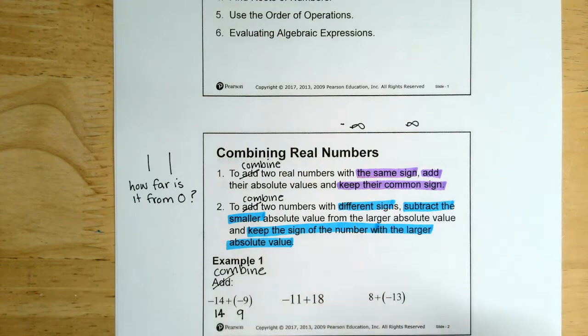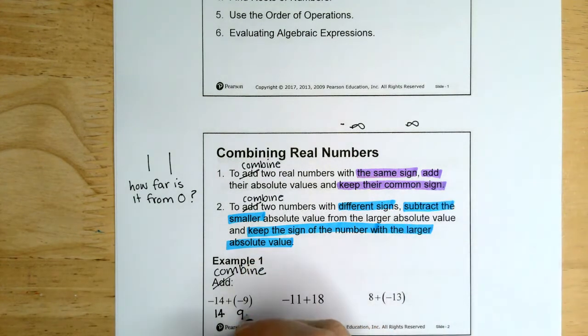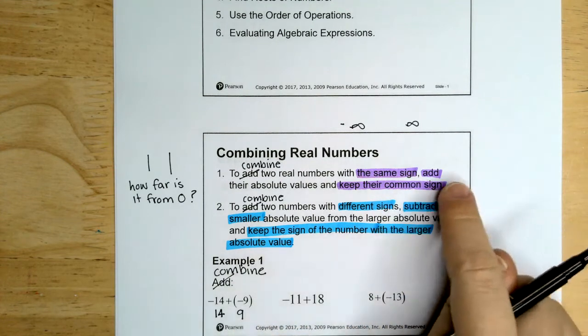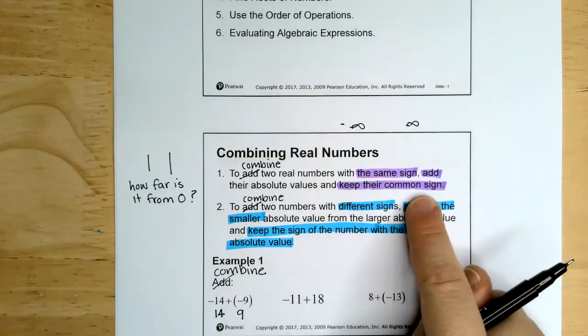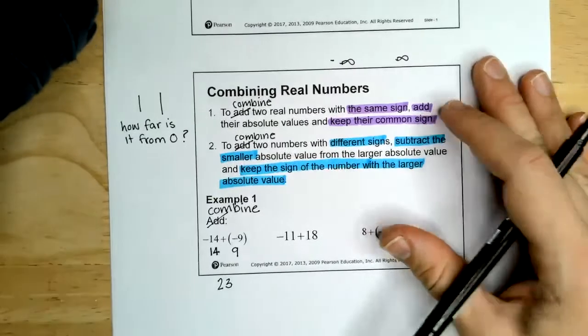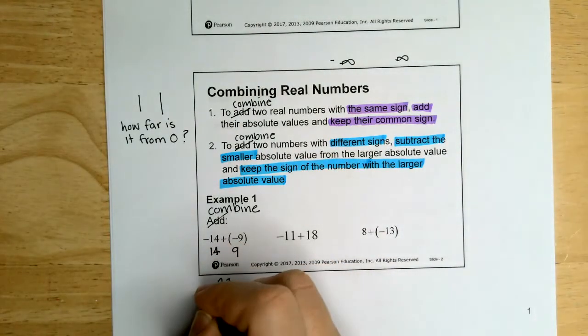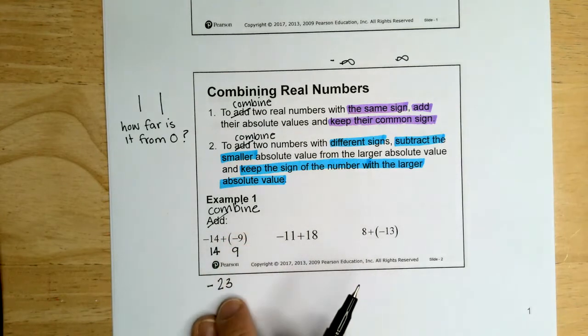It's 9. And we're going to combine those. So we add 14 and 9 and get 23, add the absolute values, and then keep the common sign. The common sign is that they were both negative, okay?